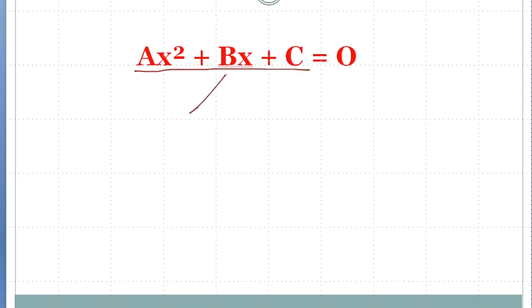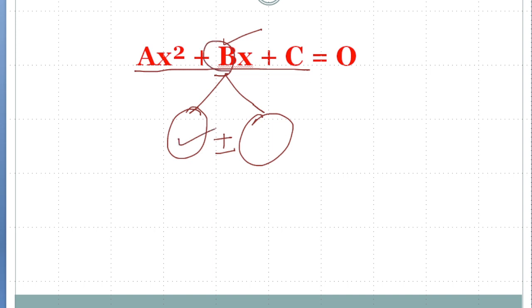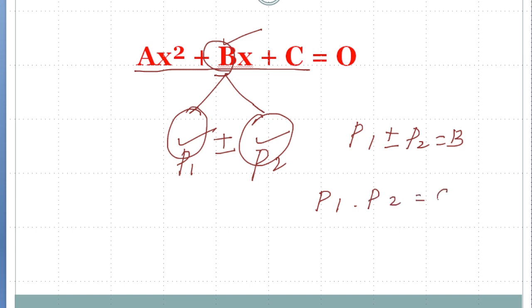Just split the coefficient of x into two numbers such that the addition or subtraction of these two, let's say p1 and p2, is equal to b, and the product of p1 and p2 is equal to c.